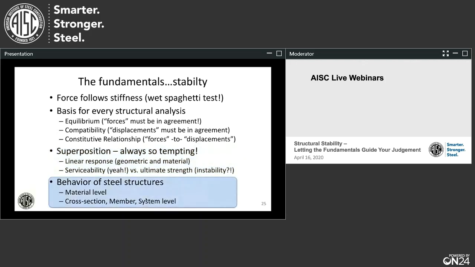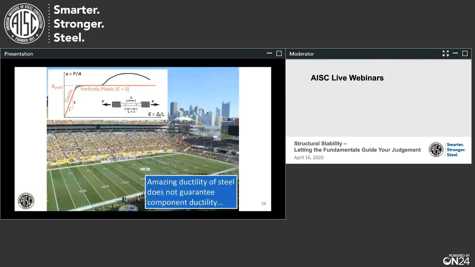The last one is a little bit more focused on the behavior of steel structures, and I'd like to look at that from both a material level and a cross-section or strength level. So I'm going to try during this presentation to keep the atmosphere a little bit lighter.